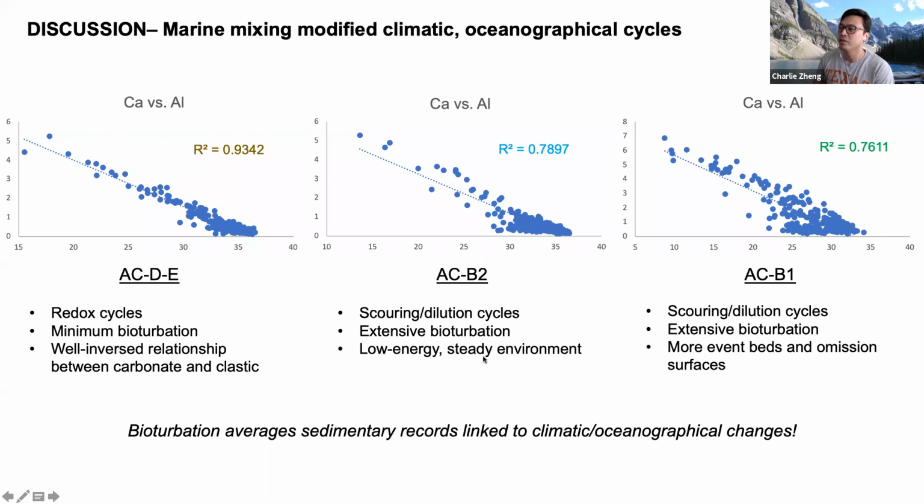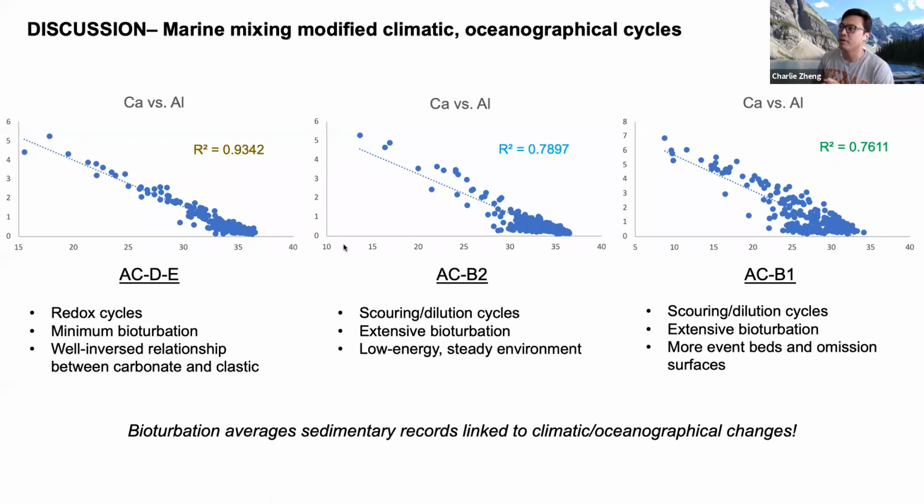But if we get into the B2 interval, it is fully oxygenated. So the sediments were being really modified, and then the correlation of carbonate versus terrestrial signals is only 0.78. So that means if you see terrestrial pulses versus carbonate pulses, that doesn't tell you they were original sedimentary records. They have been churned and turned by the organisms for a while.